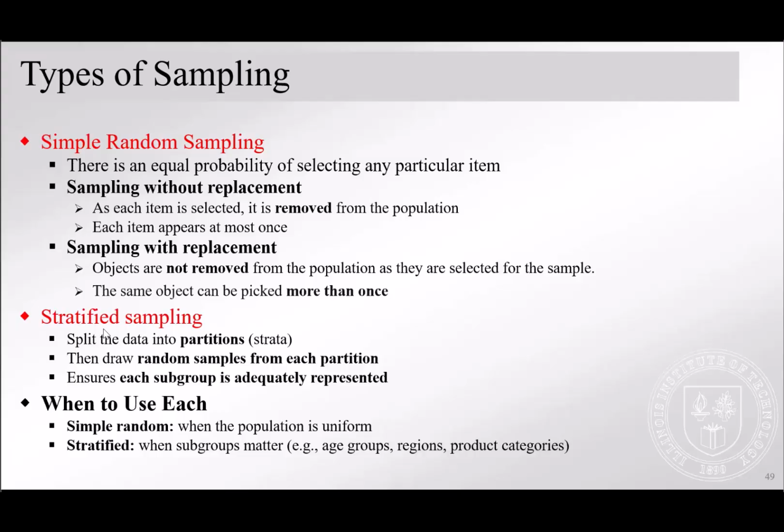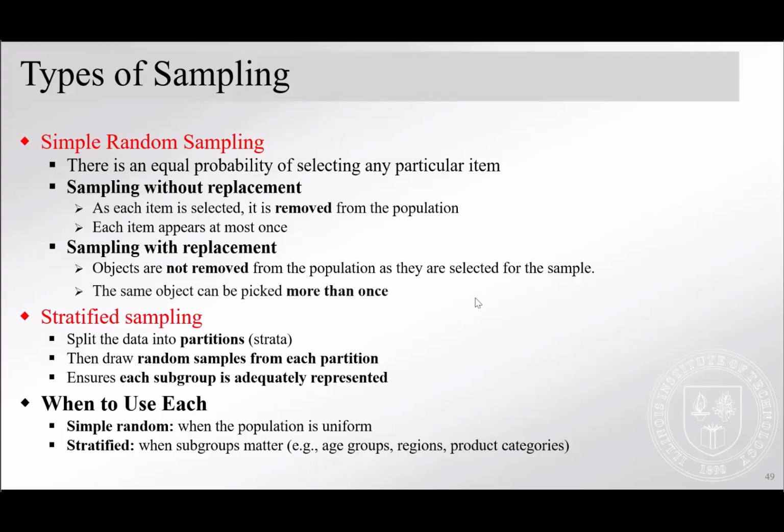The second type is stratified sampling. This one is important when your data has meaningful subgroups. You split the data into partitions called strata, based on something important, such as age groups, regions, or product categories. Then you draw a random sample from each partition. Why?